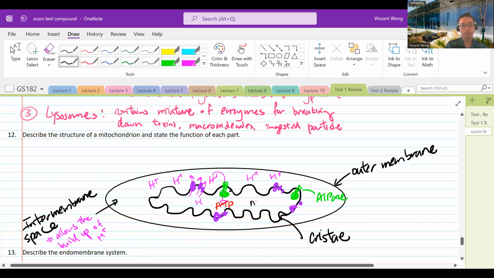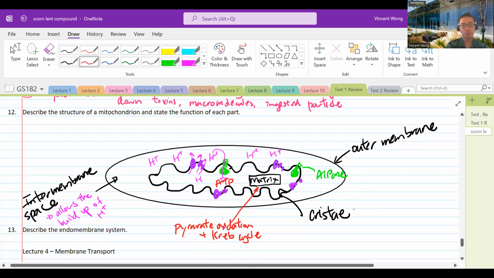Okay, so this, of course, is the matrix. So what else happens in the matrix? Let's write it down here. For the matrix, there are two things that happen: pyruvate oxidation, step number 2, and the Krebs cycle.